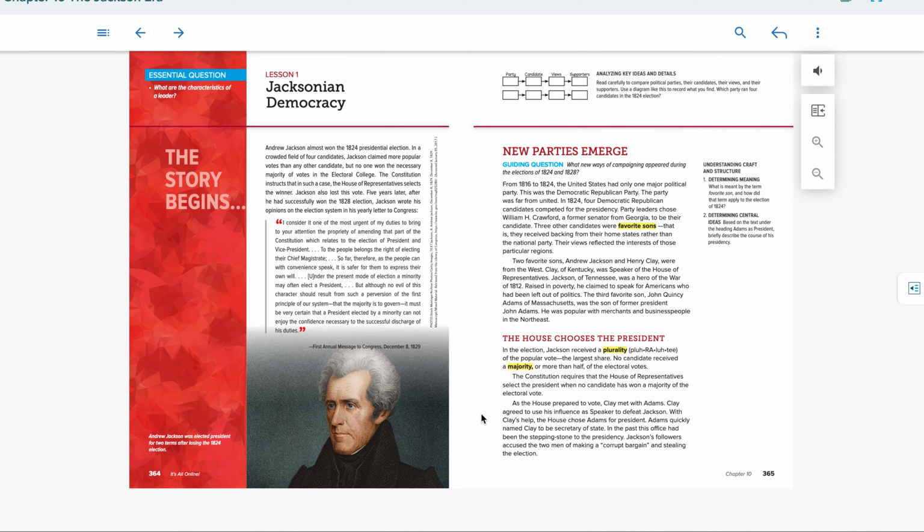As the House prepared to vote, Clay met with Adams. Clay agreed to use his influence as Speaker to defeat Jackson. With Clay's help, the House chose Adams for president. Adams quickly named Clay to be Secretary of State. In the past, this office had been the stepping stone to the presidency. Jackson's followers accused the two men of making a corrupt bargain and stealing the election.